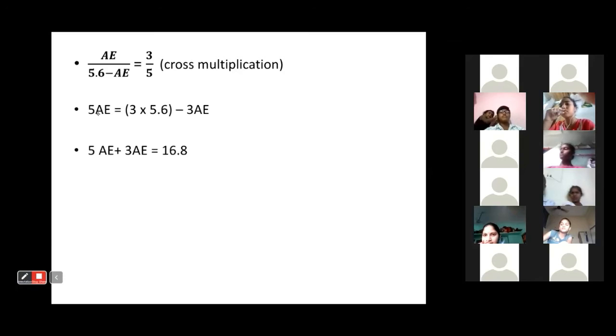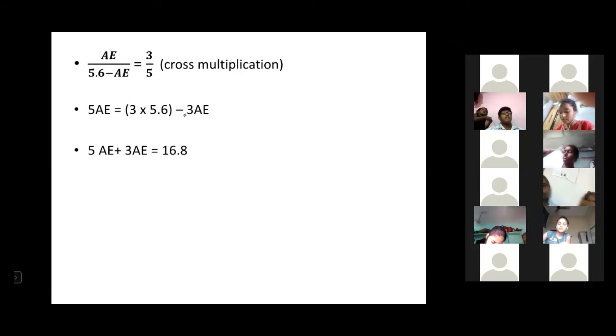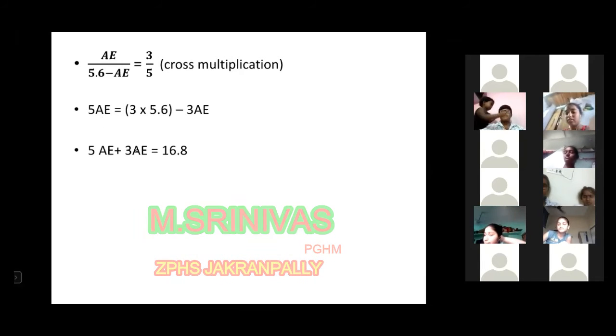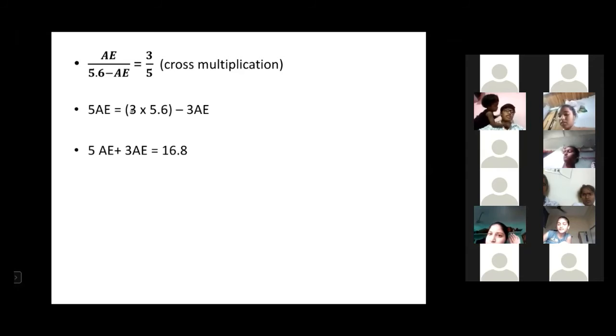5AE, bring the minus 3AE to the left side, that minus 3AE will become plus 3AE. So 5AE plus 3AE equals 3 into 5.6. What is the value of 3 into 5.6? 16.8. Okay.